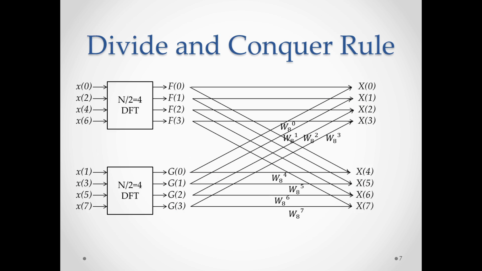Now this was our basic diagram that we had been using for calculating 8-point DFT, this complete diagram, and what we did was that we reduced this part by calculating 4-point DFT that we had done in the previous slide. So instead of using this point, we can place the example that we had provided in the previous slide.